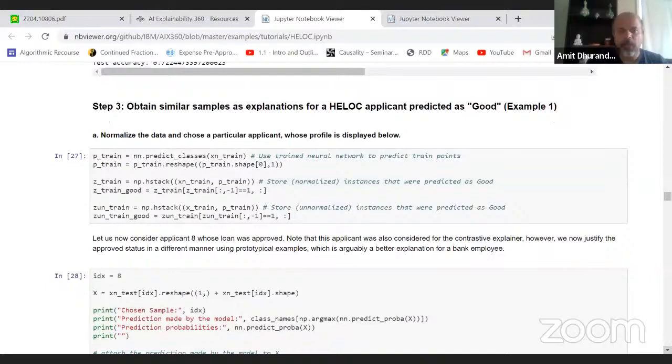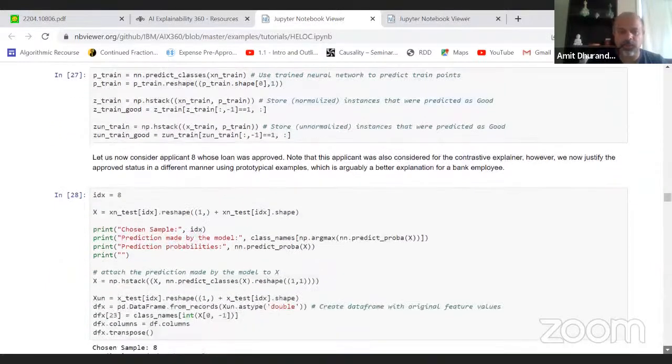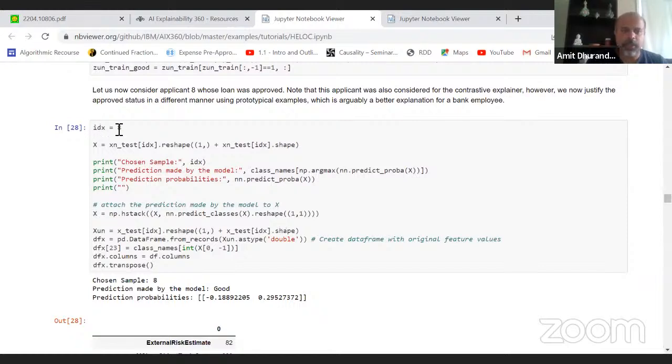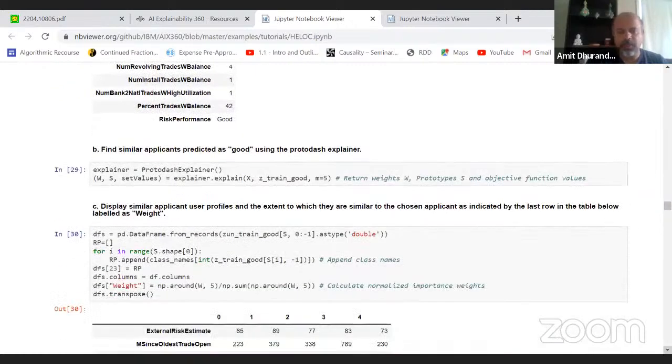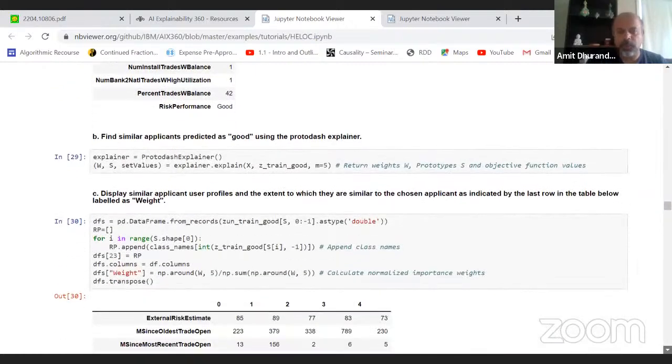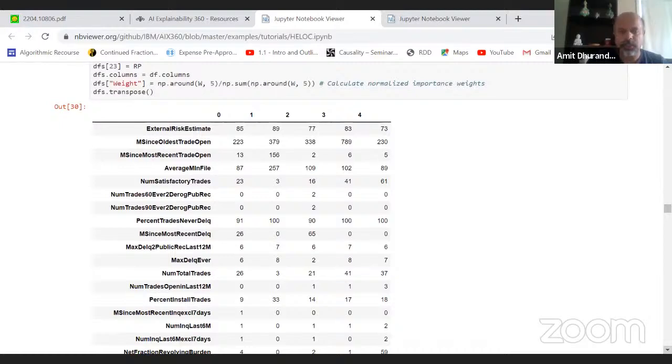And now you want to know, for specific individuals, who the other similar individuals were. In this case, we have said the ID of the person is 8, and the prediction of the model is good. So now you want to see whether there are other people who are very similar to this person and whose loan was also approved.